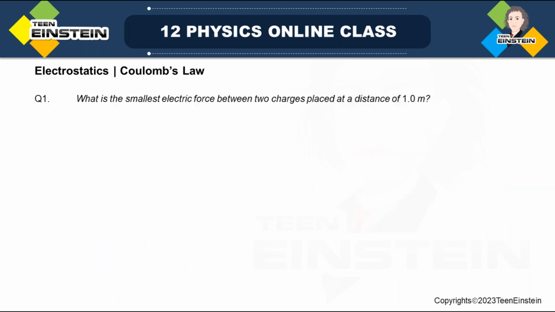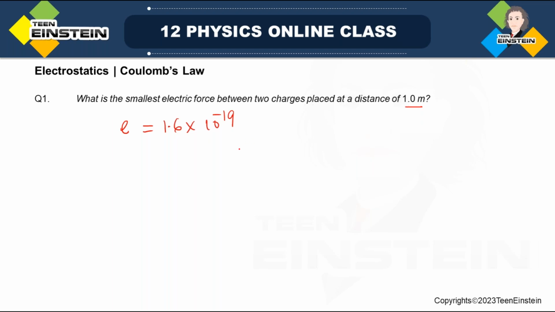Okay, so let us first take a very simple problem here. What is the smallest electric force between two charges placed at a distance of 1 meter? The smallest electric force means you have to take the fundamental charge. So what is the fundamental charge? e, that is 1.6 into 10 to the power minus 19. This is actually the smallest charge, or unit of charge, the quantum of charge.